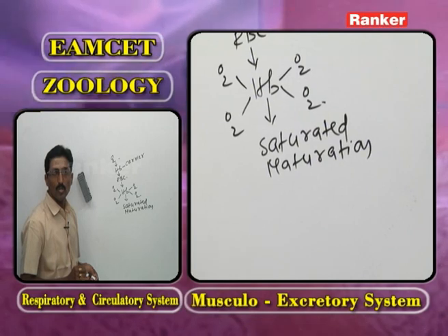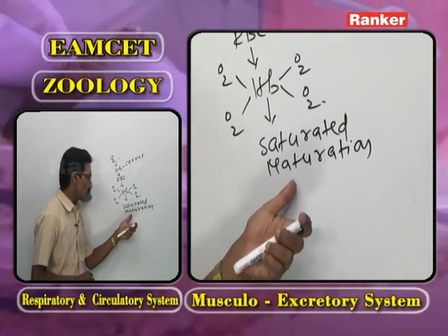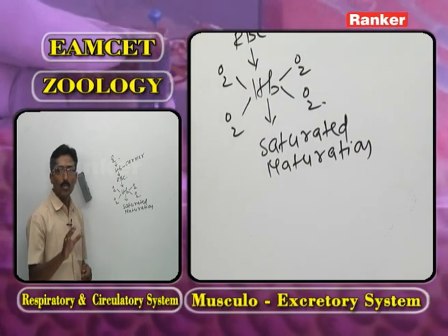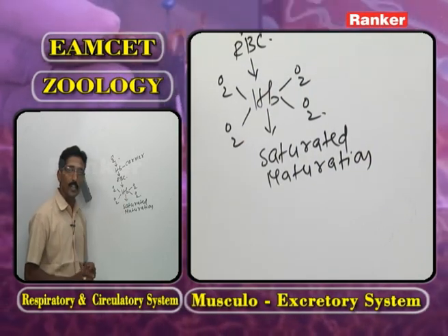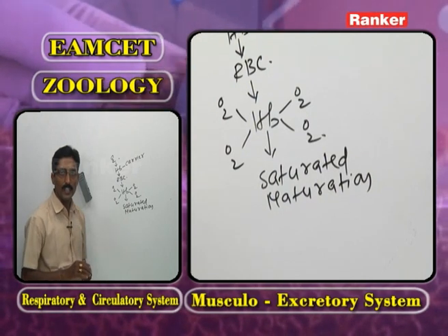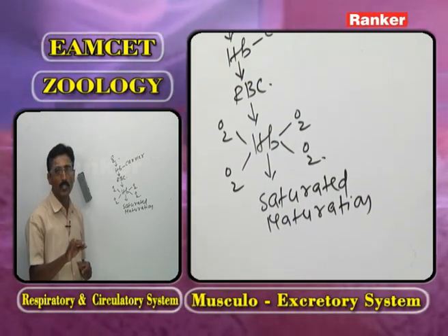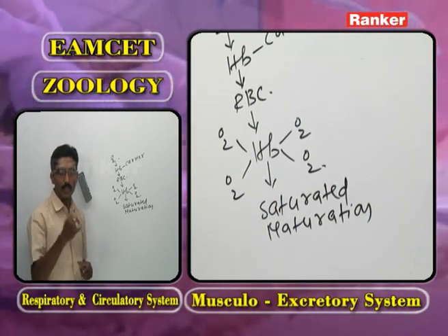If hemoglobin completely matures, it is also called saturation. Whenever the hemoglobin is 100% saturated, it carries how many oxygen molecules? 4. If it is not fully saturated, it carries less than 4 oxygen molecules. They may be 3, they may be 2, they may be 1.